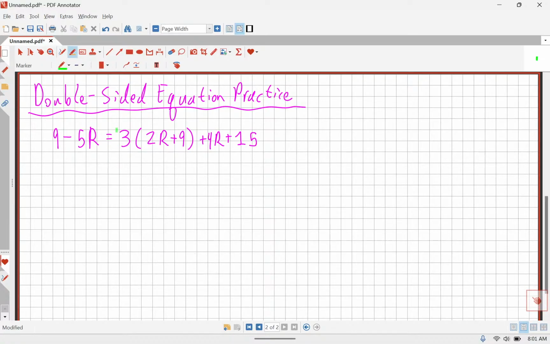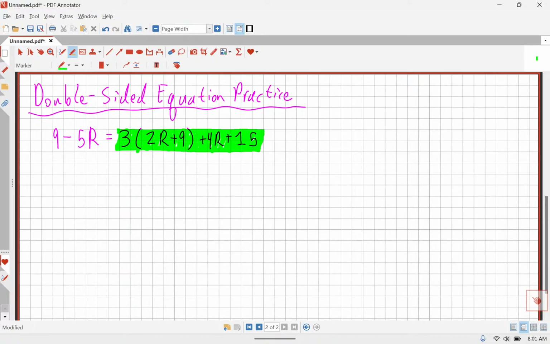Honestly, all you're going to do here is simplify this side until it looks like the stuff we did in our warm-up. Because once it looks like the questions that we did in our warm-up, we can just go ahead and solve it the normal way. So go ahead, guys, give that a try.